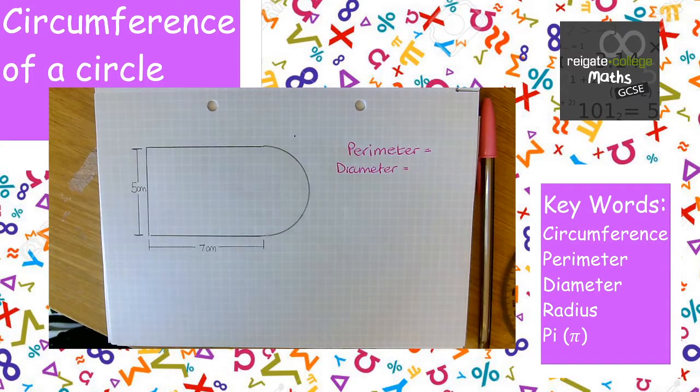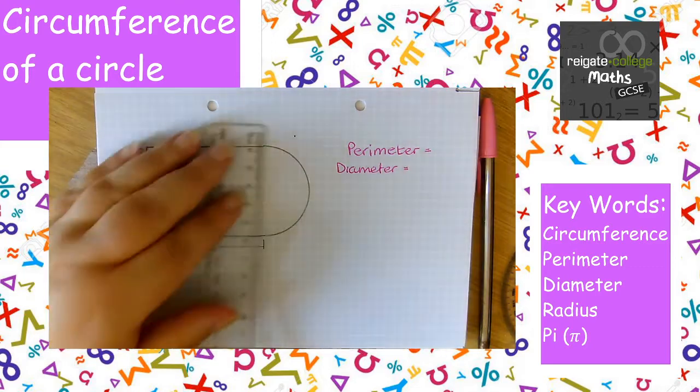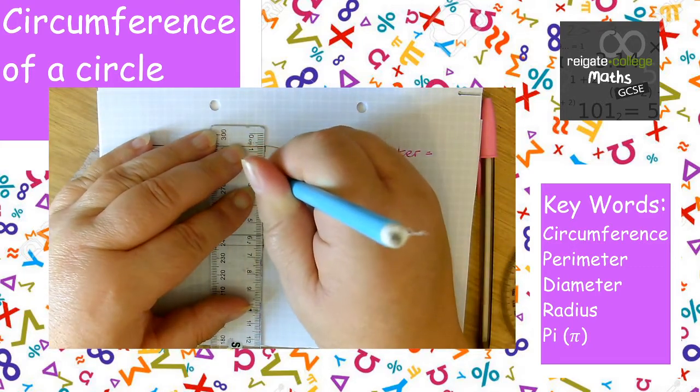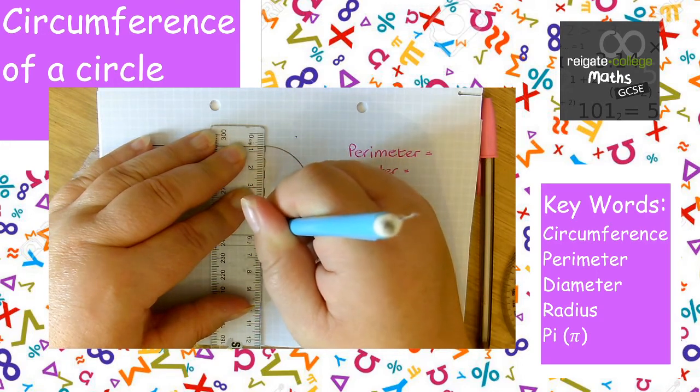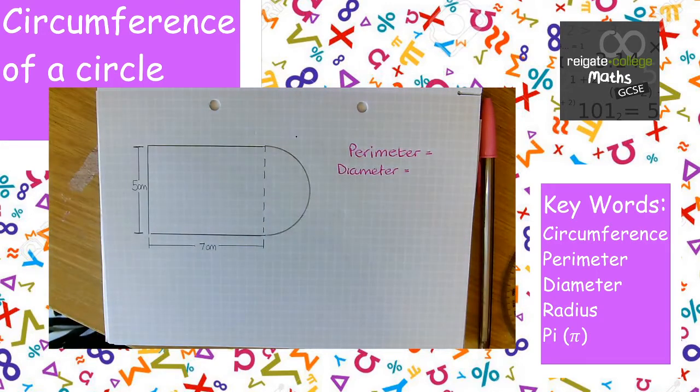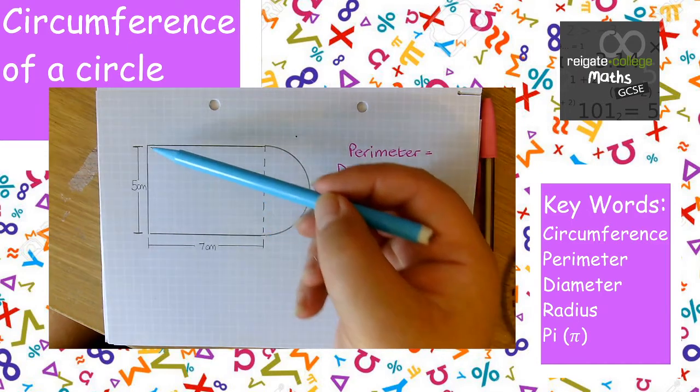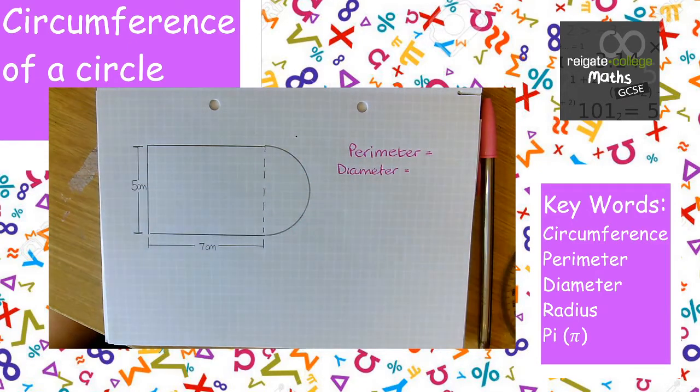Here I have a composite shape made up of a rectangle and a semicircle. If I want to find the perimeter of the shape, I'm going to have to find the circumference of what would be this circle and halve it. The diameter of the circle is going to be the same as the width of the rectangle.